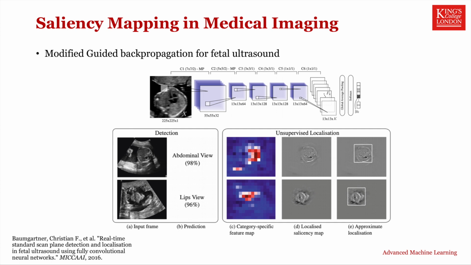interpretation of medical CNNs. So in this example from 2016, Christian Baumgartner proposed a modified version of guided backpropagation to support real-time scan plane detection and localization in fetal ultrasound, where here the network is designed to have as many channels at this last convolutional layer as classes, where classes represent the number of planes that need to be detected.